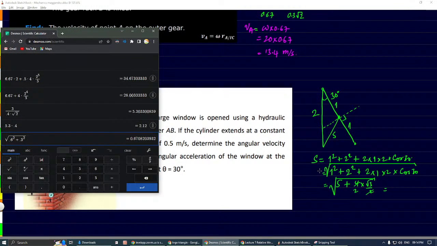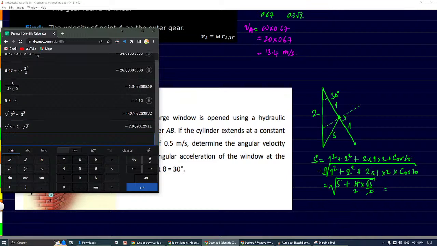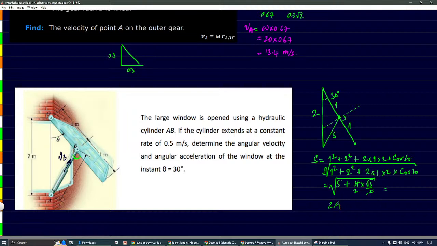What do we get? 5 plus 2 into square root 3. 2.991, let's round it up. Okay, this is 2.91.